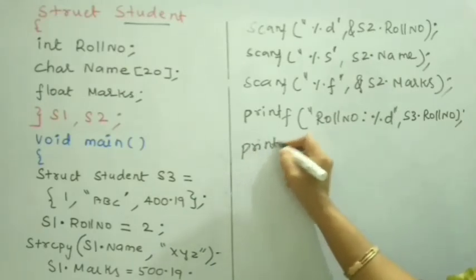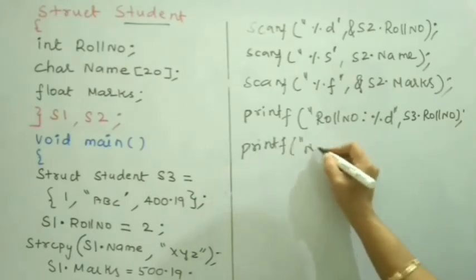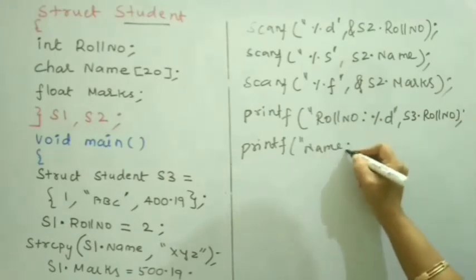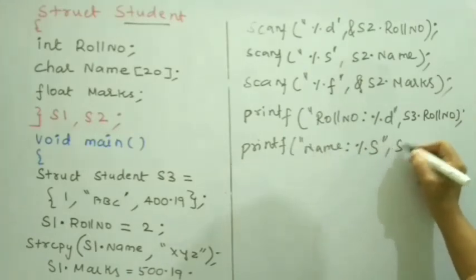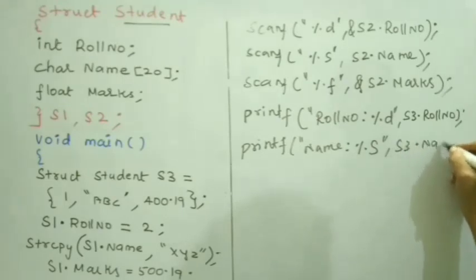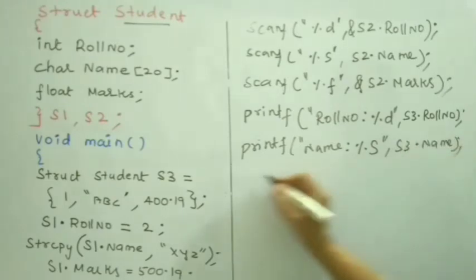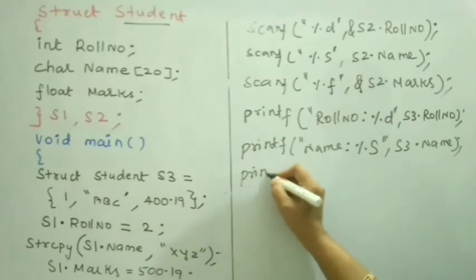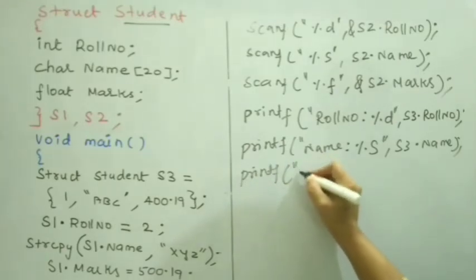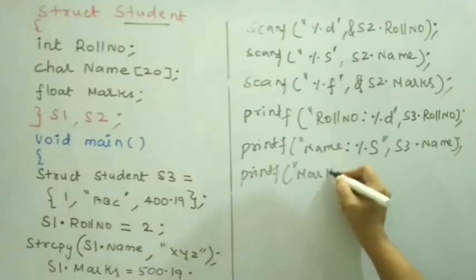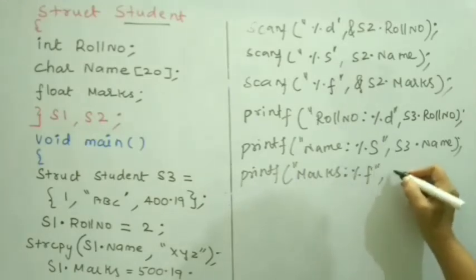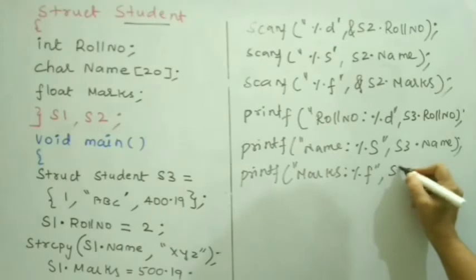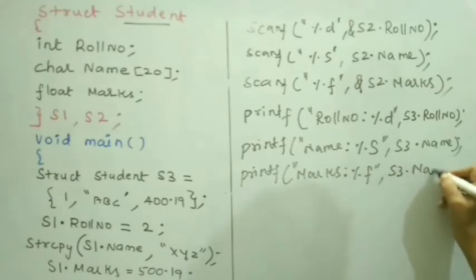Next I am printing name colon; name is a string value, so the control string is %s, s3 dot name. Next I am going to print the marks. Marks is a float value, so I am going to use the control string %f comma s3 dot marks.